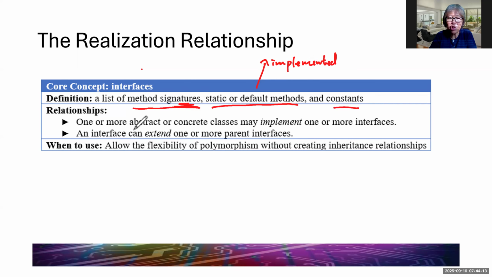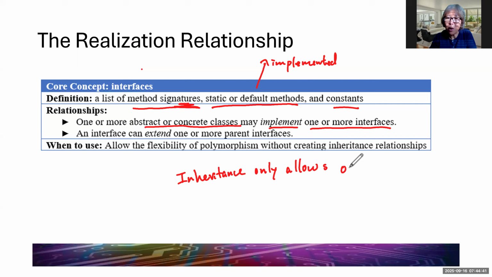As for relationships, a class, whether abstract or concrete, can implement one or more interfaces, not just one. This is different from inheritance, which only allows one superclass.